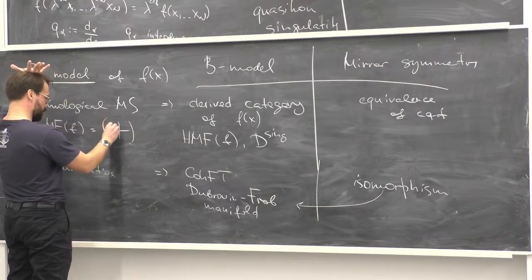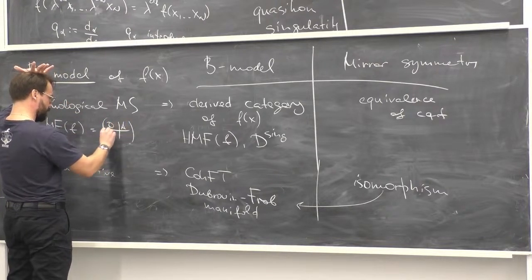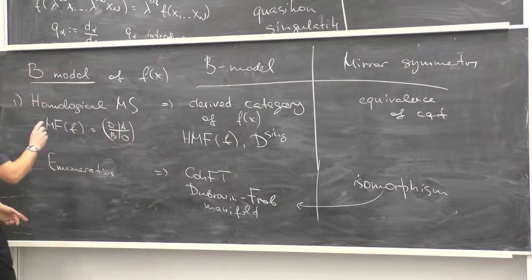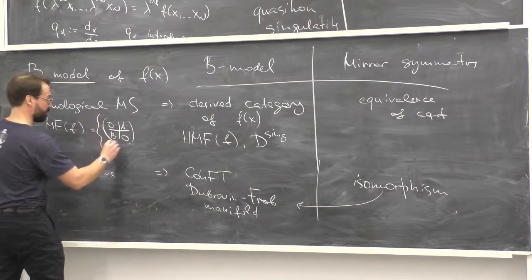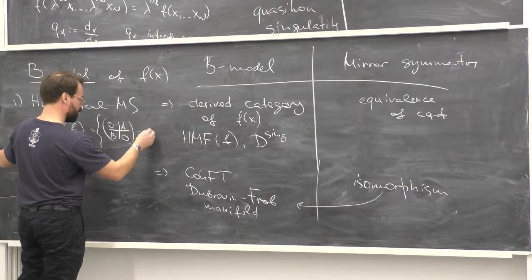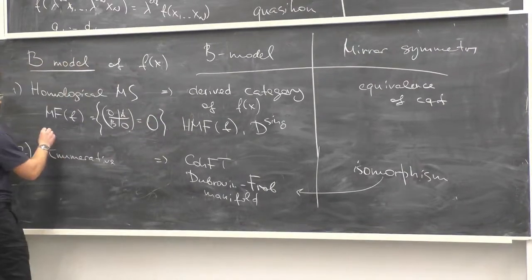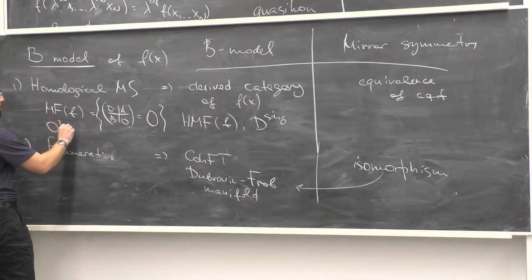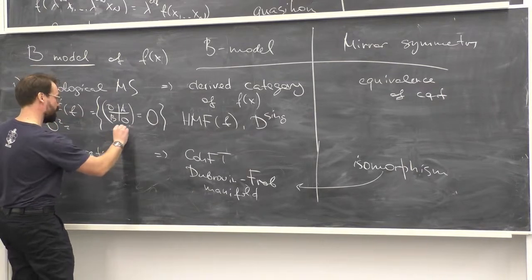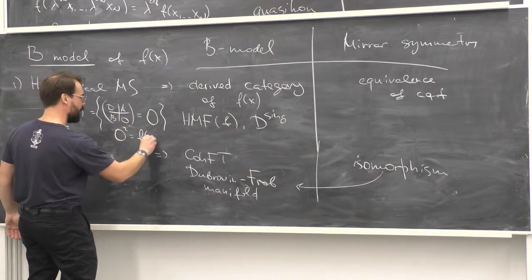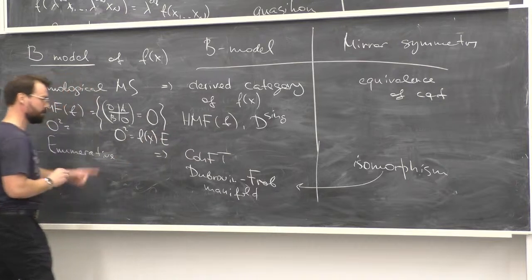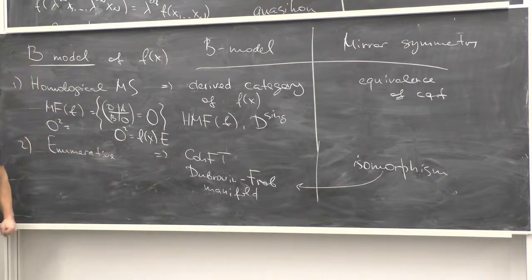I write it like this, I think. So this object is O, yeah? So that O squared is equal to F times the identity matrix. So at least this I can get.